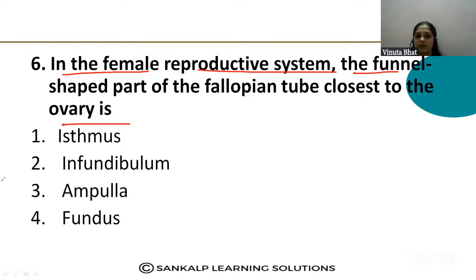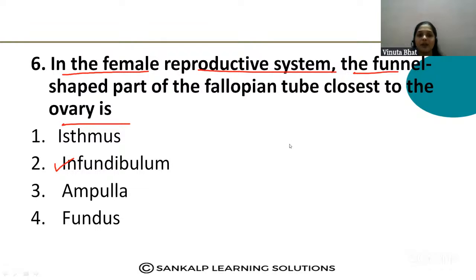Write down the answer for the sixth question. Yes, that is the infundibulum. Yes, correct answer. Yes, Mamata, that is the correct answer. Very good. Many students are commenting the answer.